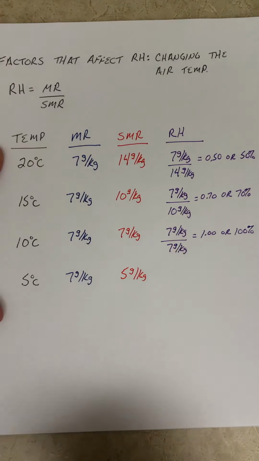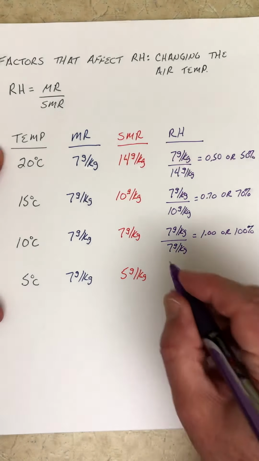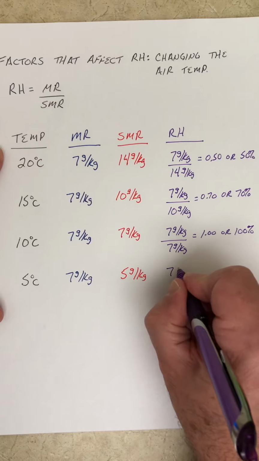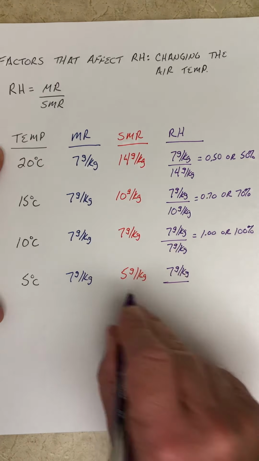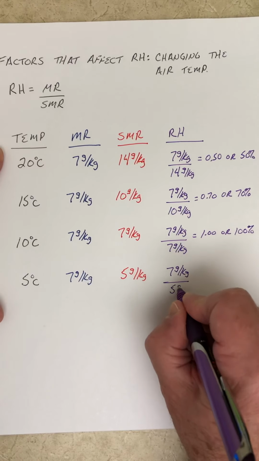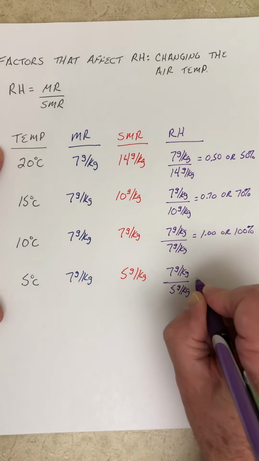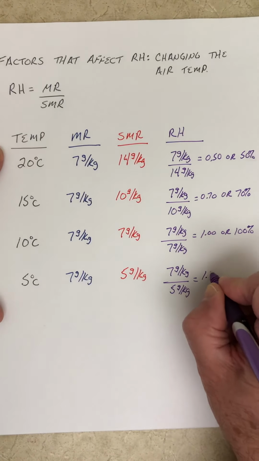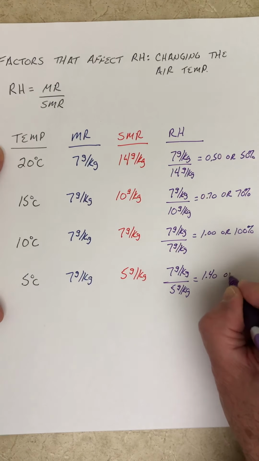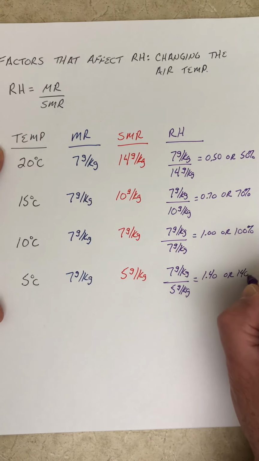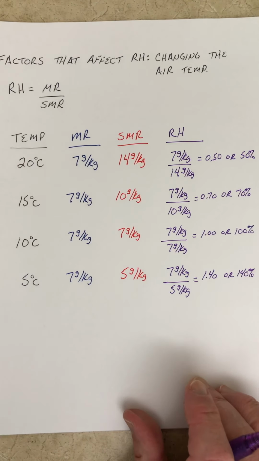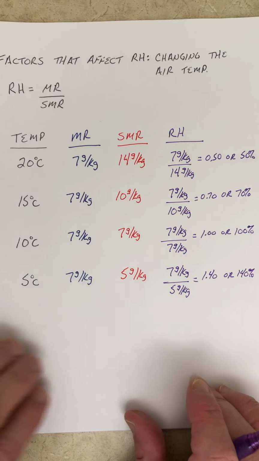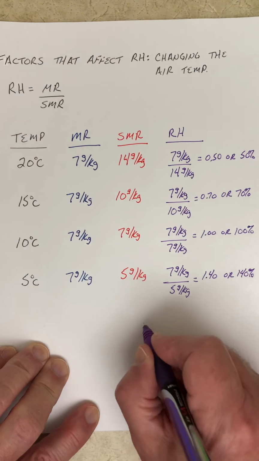Therefore our relative humidity will be the mixing ratio, 7 grams per kilogram, divided by the saturation mixing ratio, 5 grams per kilogram. This comes out to 1.40 or 140%. If you remember from the previous video, though, relative humidity in nature cannot be above 100%.